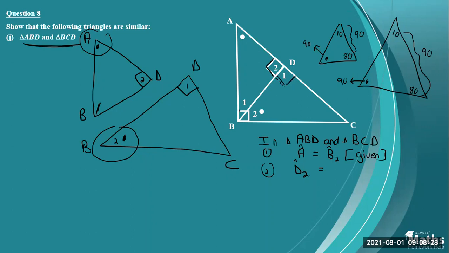So they're just trying to confuse us a little bit with this 90 degree here, right? Because we're not going to use this one. So you will say D2 is equal to D1, is equal to 90 degrees. I would just say, yeah, adjacent angles on a straight line.